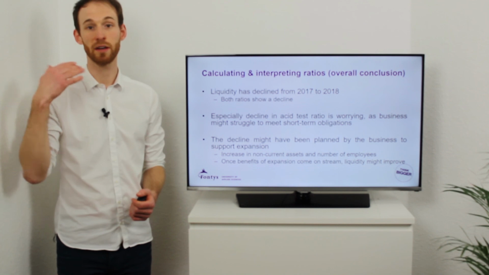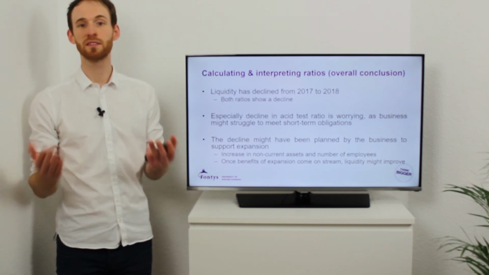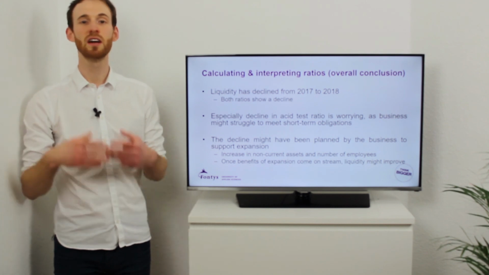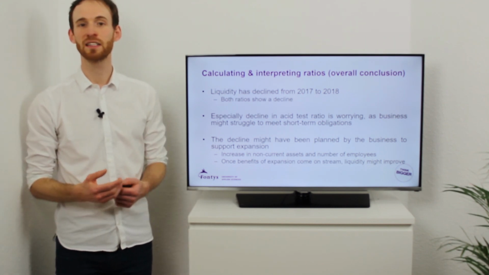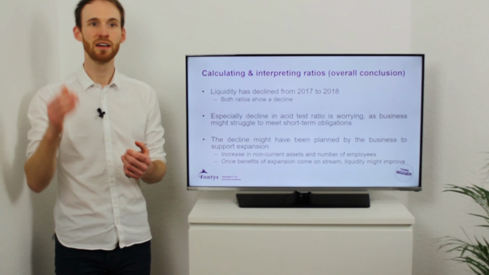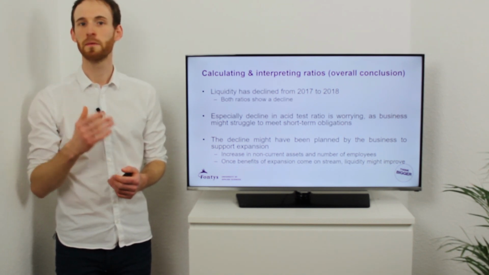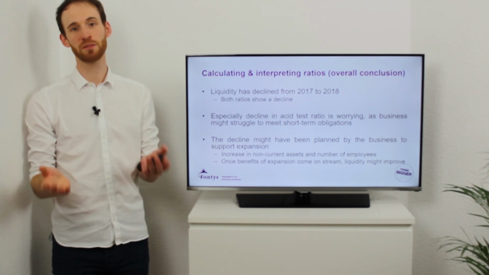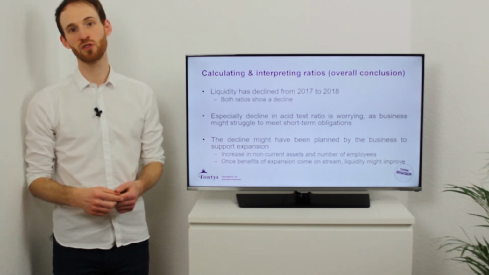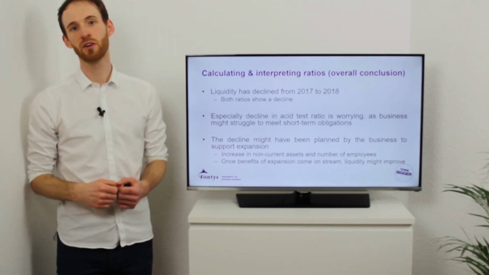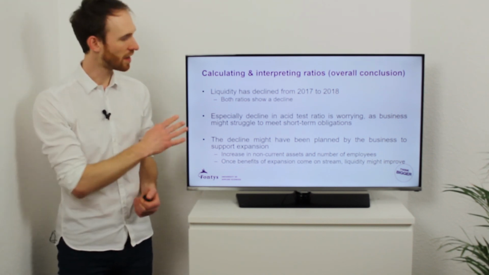Because if you expand, you might experience issues in this regard. You might need more cash for that. And for example, then your current ratio or the acid test ratio could decline. But if this expansion leads in the end to more sales in the future and then to an even better current ratio and acid test ratio, then everything is fine.